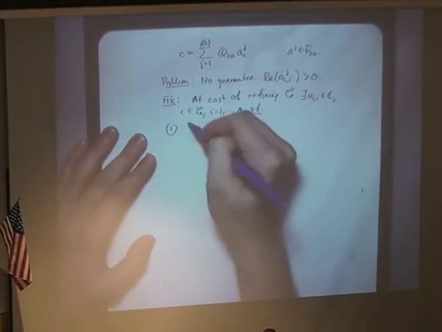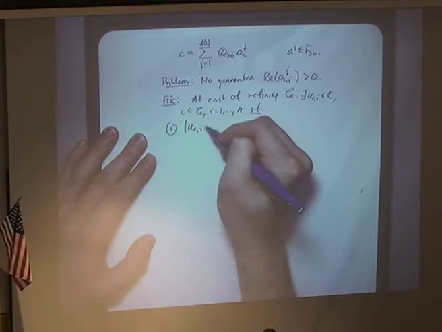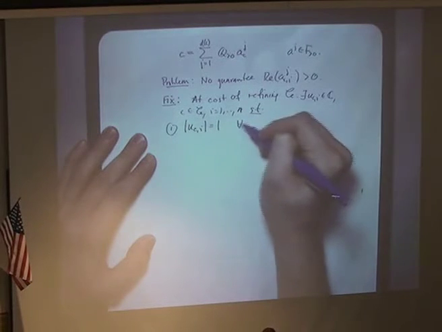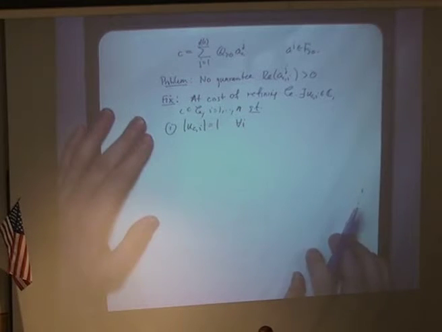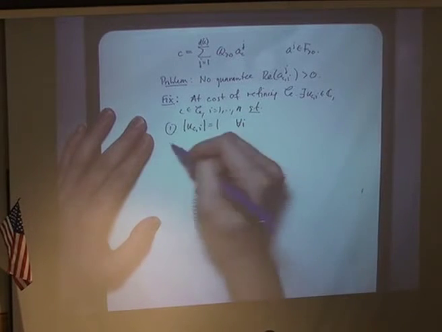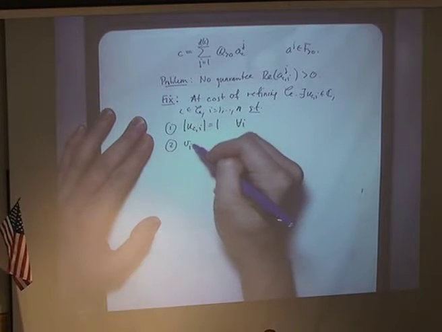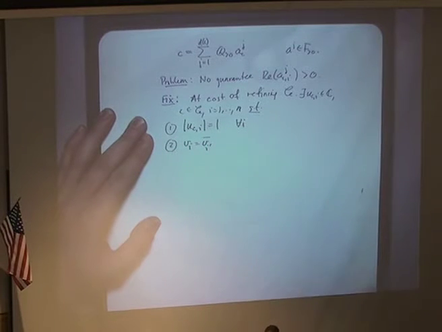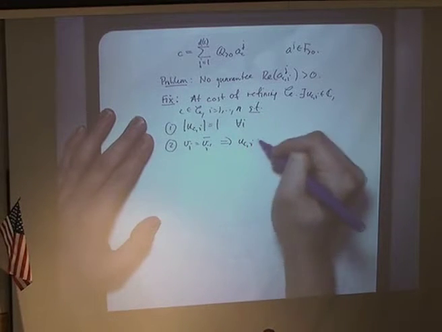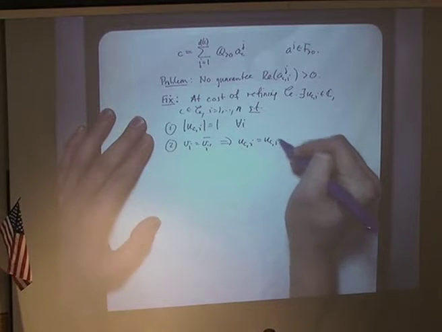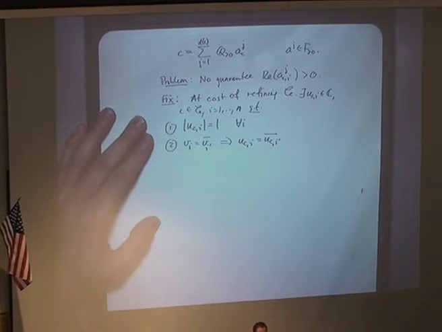First of all, u_{C,i} is 1 for all real i. So if i happens to be an index of a real embedding, then we're really just going to say this is going to be 1. Secondly, if v_i and v_i' are conjugate complex embeddings, then the corresponding complex numbers are complex conjugates.